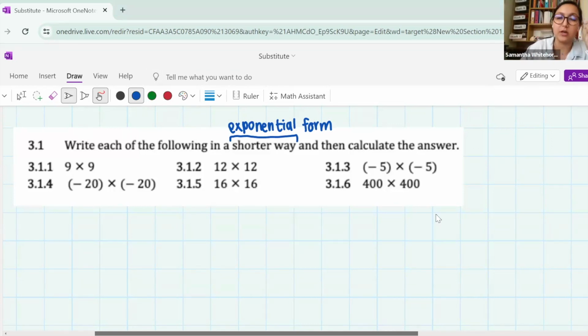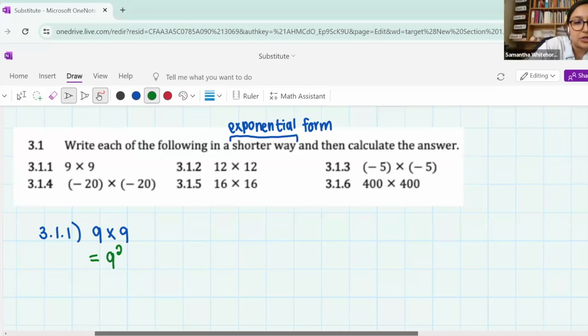So I'm going to do the first example with you and then we'll try a few by ourselves. If we look at 3.1.1, I've got 9 times 9. That's exactly the same number. They're identical in every way. They're both 9. And so we are multiplying the same number twice. Because of that, we can write this in a much simpler form of 9 squared.